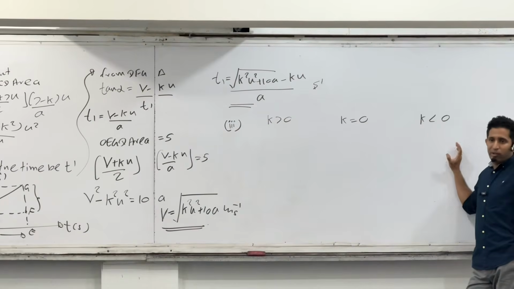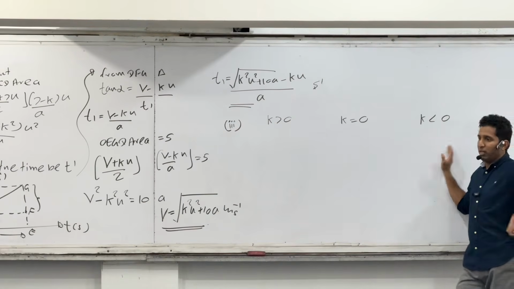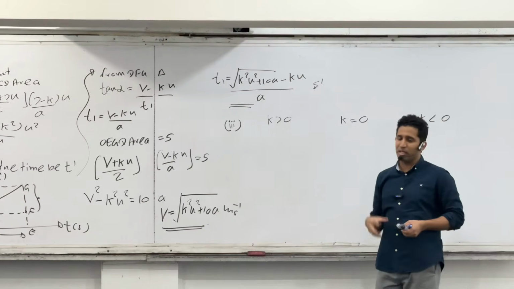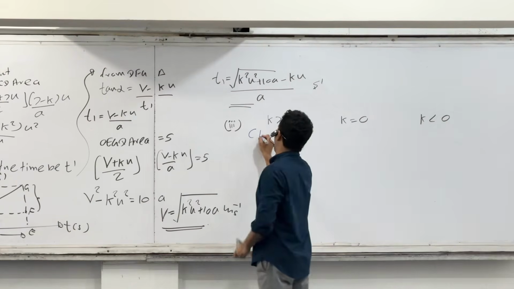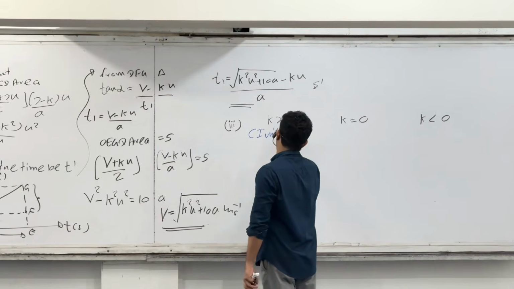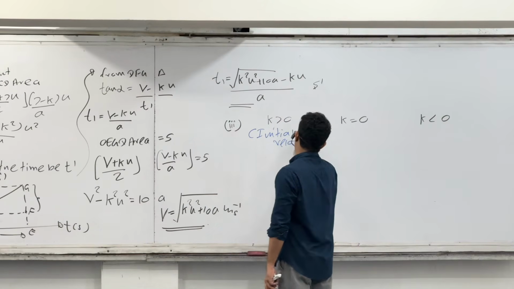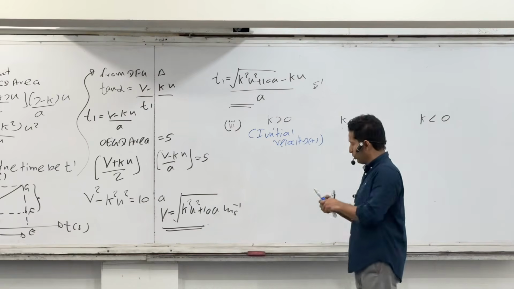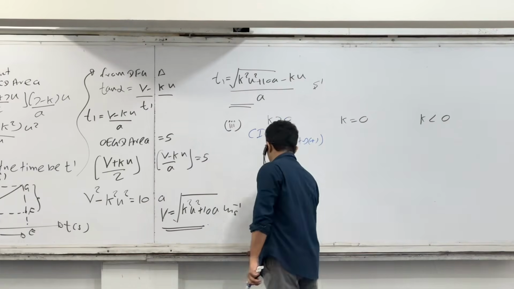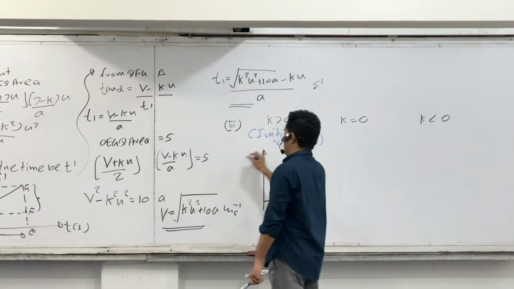Now the initial velocity is Ku. When k is greater than 0, the initial velocity is positive. When the initial velocity is positive, the graph will be like this, same as what we have taken.